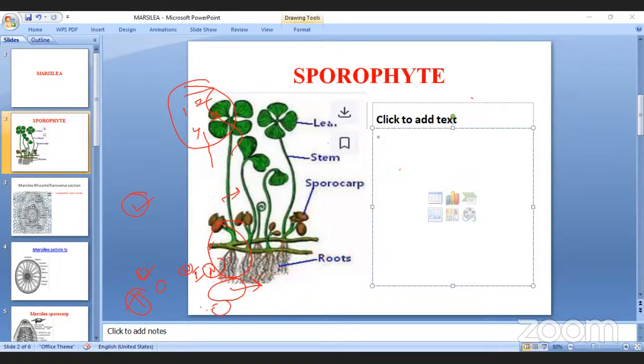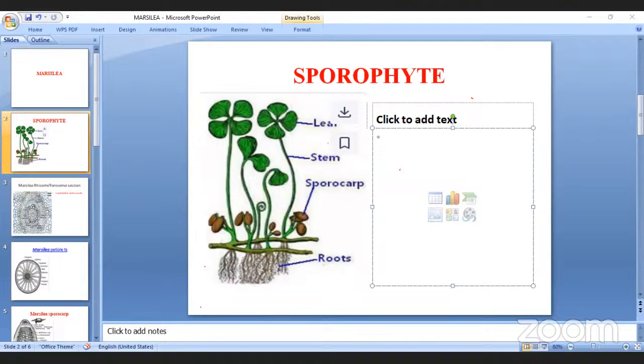What are the internal parts? As I told you, internally it is mainly divided into three regions. So this is the Marsilia transverse section. You can see the diagram.